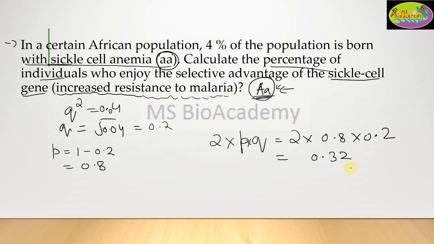So 32% of the individuals will be heterozygous, and will have the advantage of the sickle cell gene with increased resistance to malaria. That is how to solve such a question.